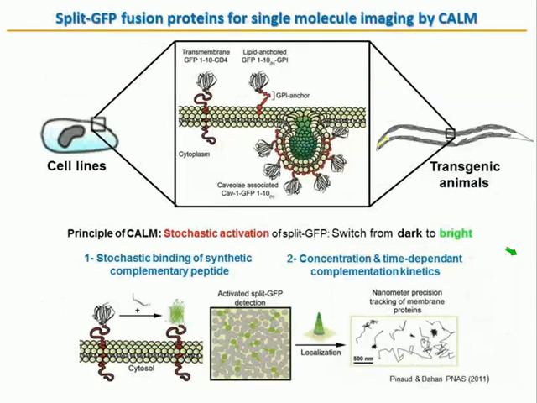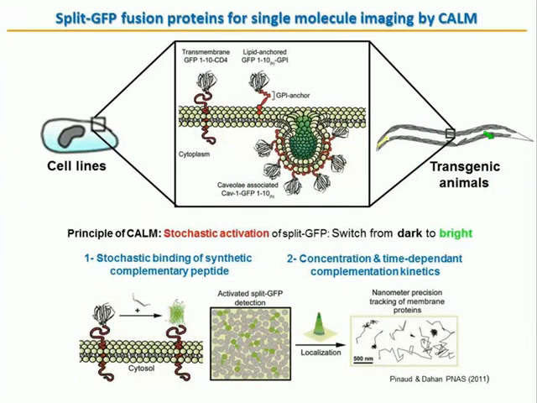So the way we use this split GFP fusion is basically by taking the big fragments right here and fusing it to a protein of interest, transmembrane protein or internal protein, and expressing them in cells, or as I will show you, expressing them in transgenic animals.